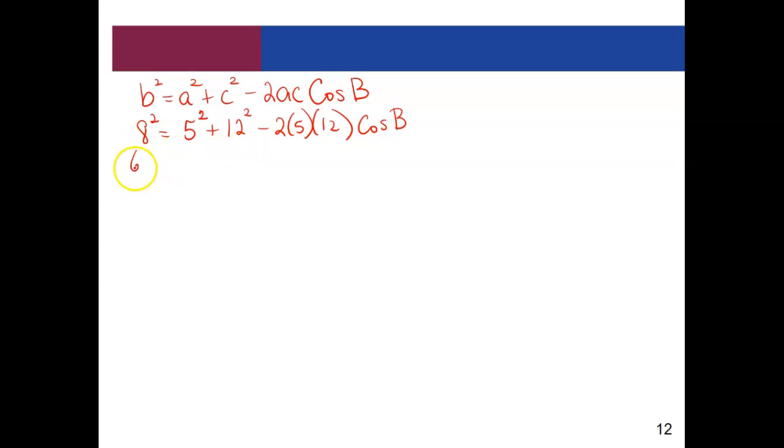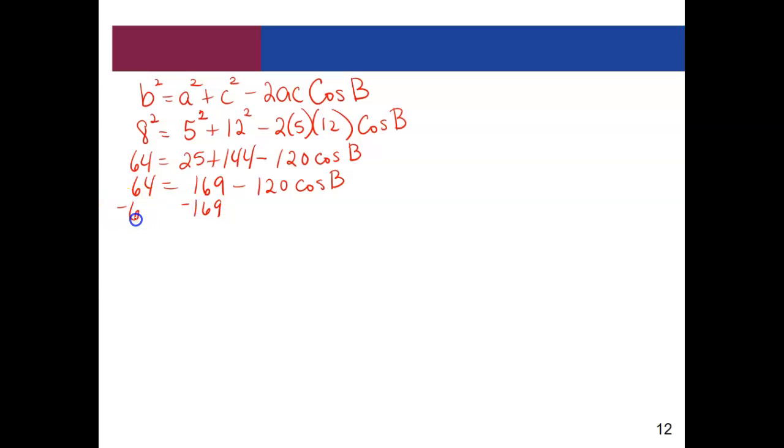so we're just repeating this process that we just went through. Okay, we're going to subtract our 169. That's going to leave us with negative 105.